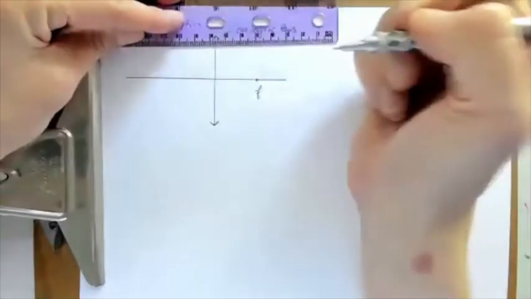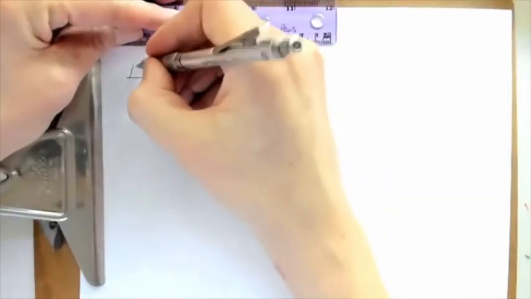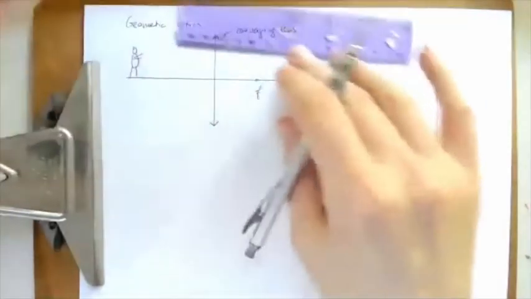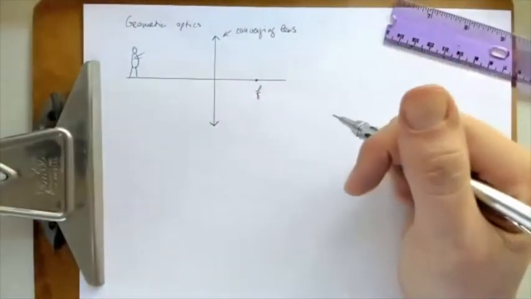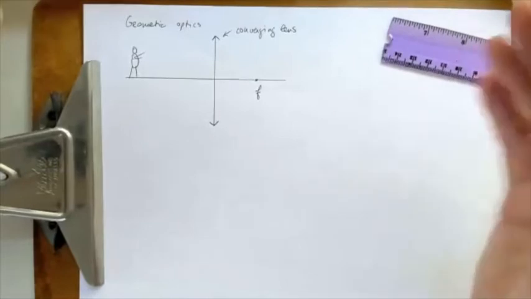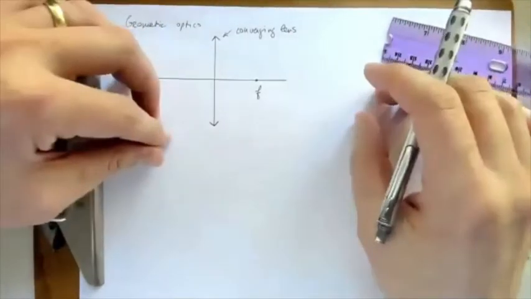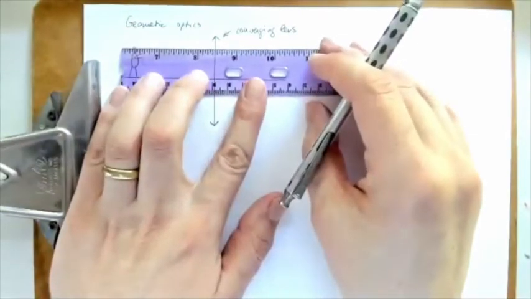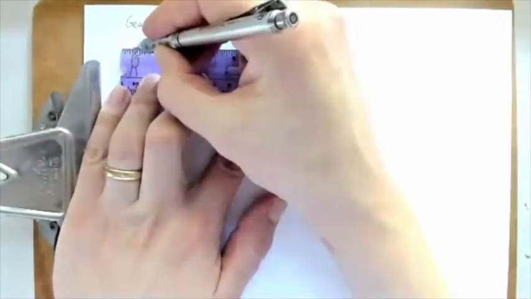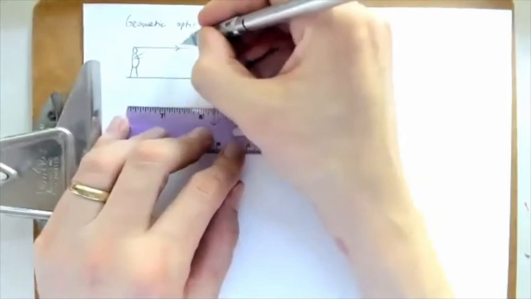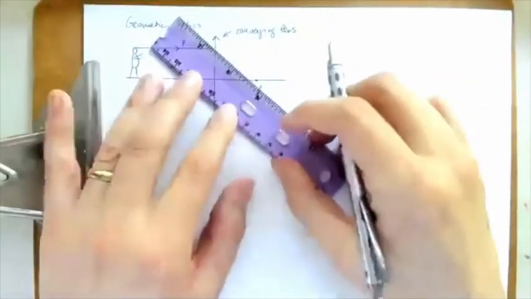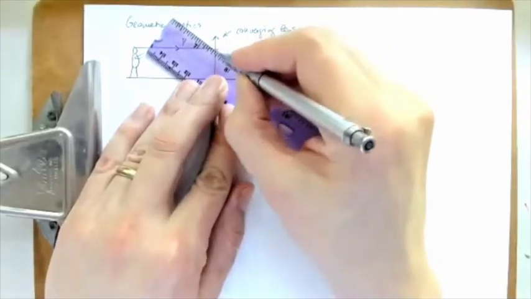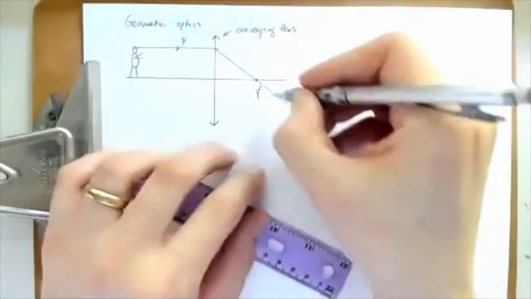If we have, let's say, somebody standing here, now we can ask ourselves again, like what we were doing for mirrors, where does the image form? So let's see. We again use one ray that goes like this, and this is the P ray, and the P ray goes through this point and then keeps going.